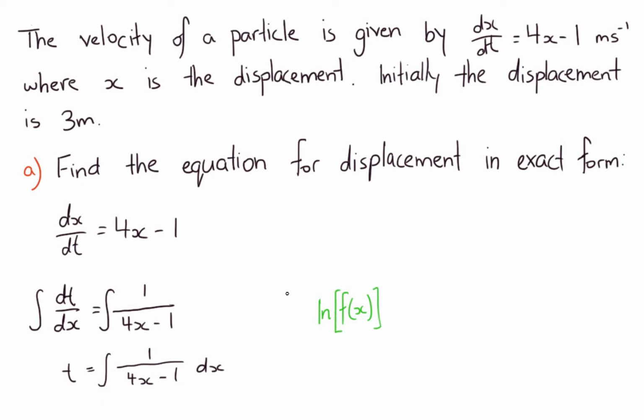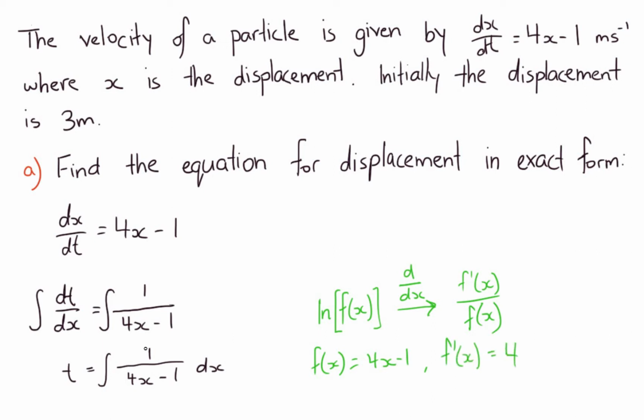What happens when we take the derivative of ln of f of x? Well, we get the derivative of the inner function over that inner function. In this particular case, we have 4x minus 1 as our inner function f of x. So what would the derivative of that be? If f of x is 4x minus 1, then the derivative is 4.